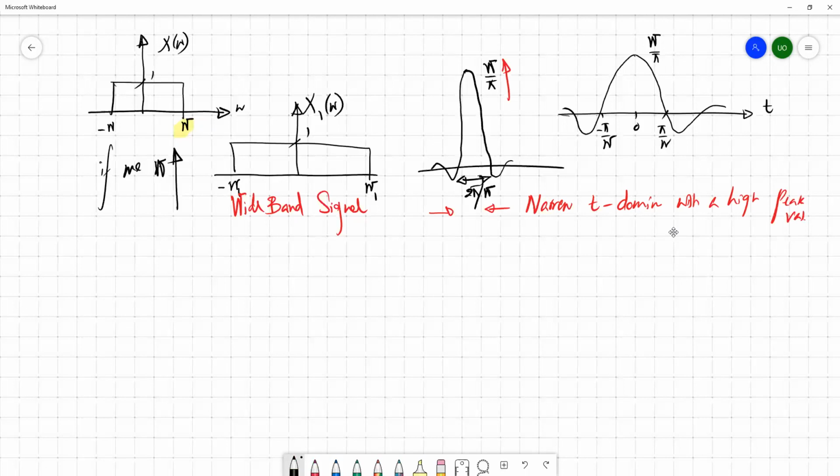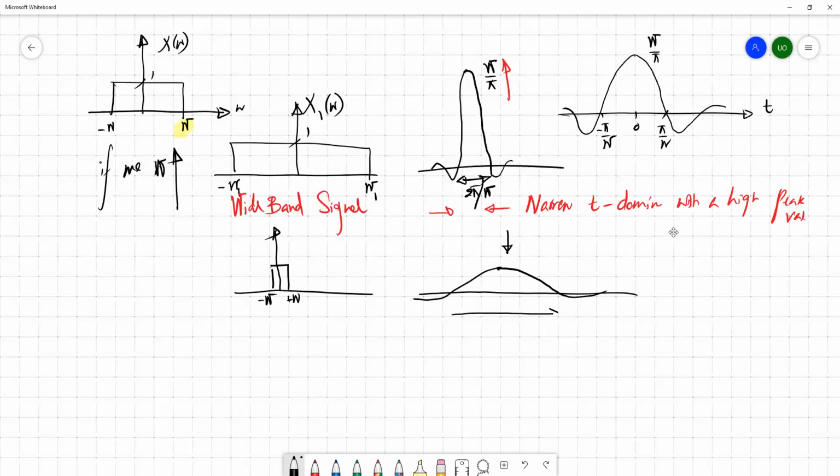If it is the other way, if you have a narrow band signal, then W would be small, so the magnitude will be decreasing and the span of the main lobe is increasing.